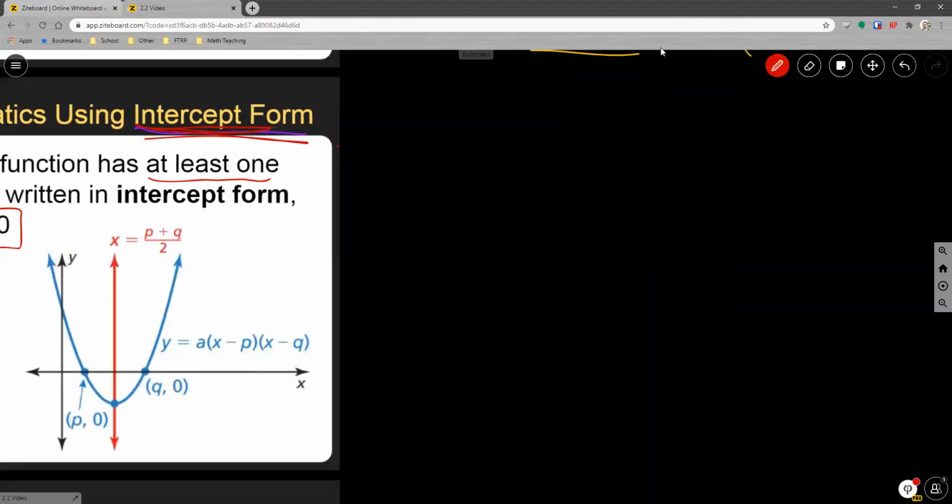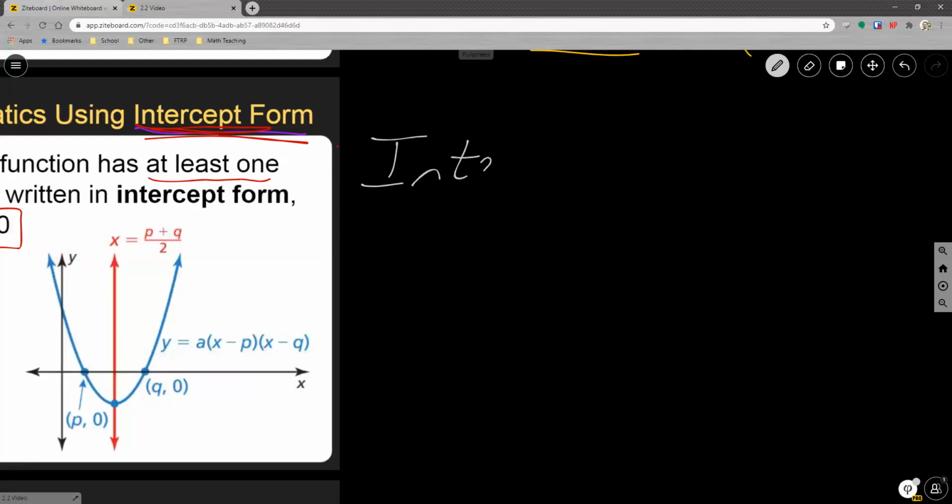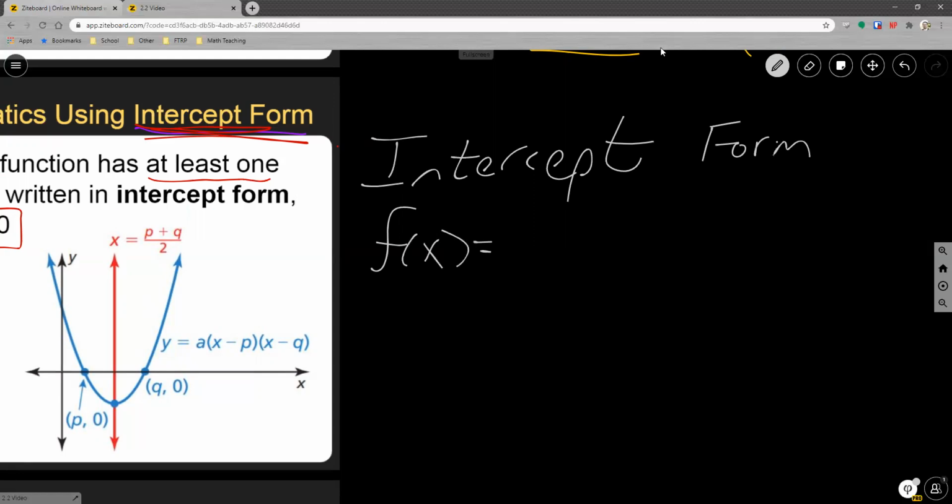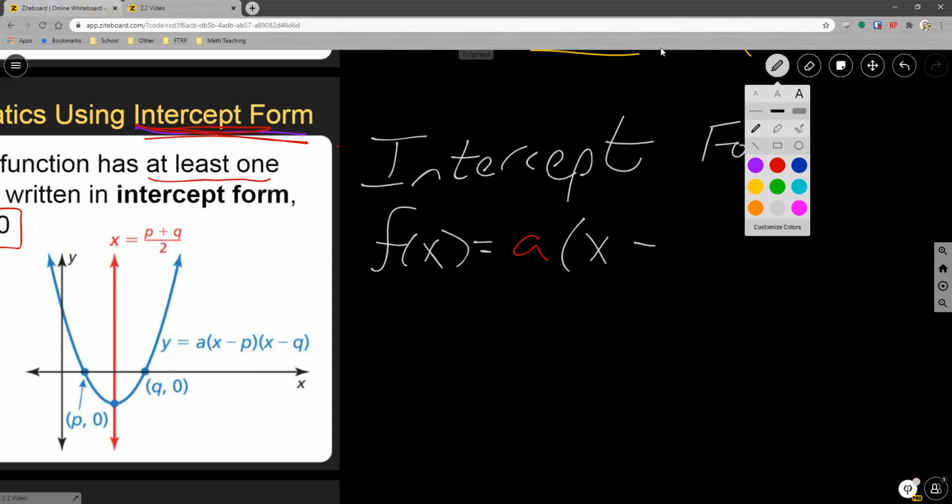So I'm going to write this form over here again. Intercept form is function f of x is equal to our value a times x minus, so remember when we've got that negative sign, that is a hint that the sign is going to be different on the actual value or the coordinate of the point, or the value of p or q.